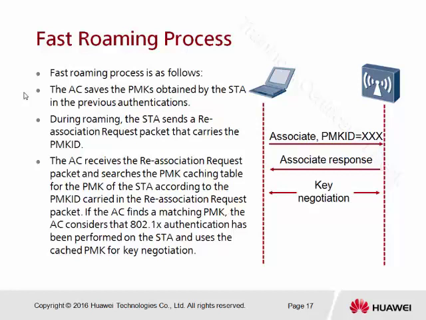The AC receives the reassociate request packet and searches the PMK caching table for the PMK. If the PC, the STA, has previously already done the association with the AC, they don't need to redo it anymore, so the AC automatically forms the connection to the PC client.